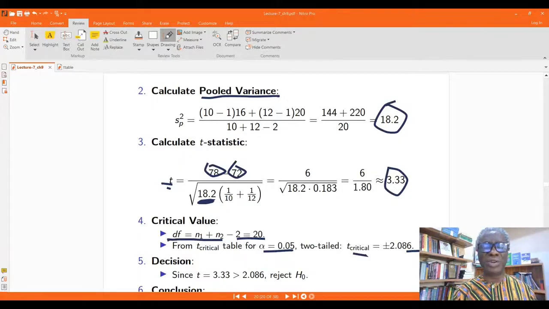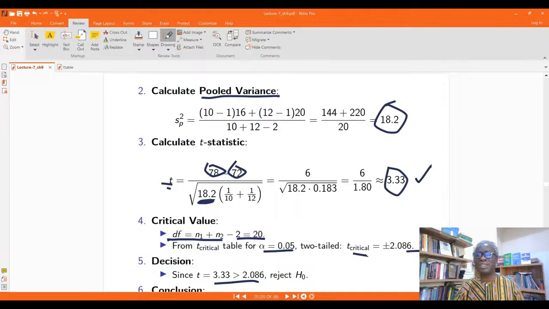And so we will now compare the T calculated and the T critical. If the T calculated is greater than the T critical, then we reject the null hypothesis. If it is less, we do not reject the null hypothesis. But in this case, it is greater.